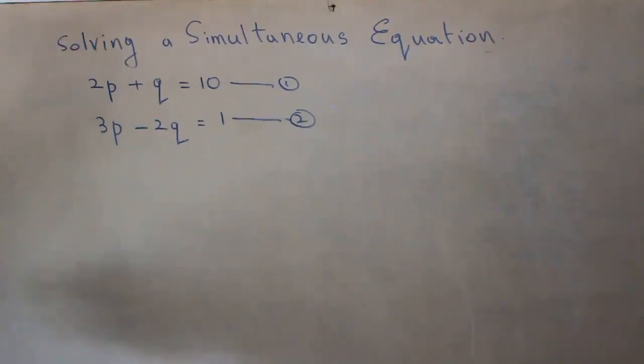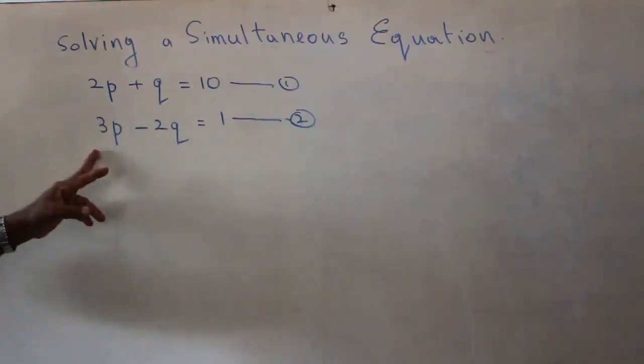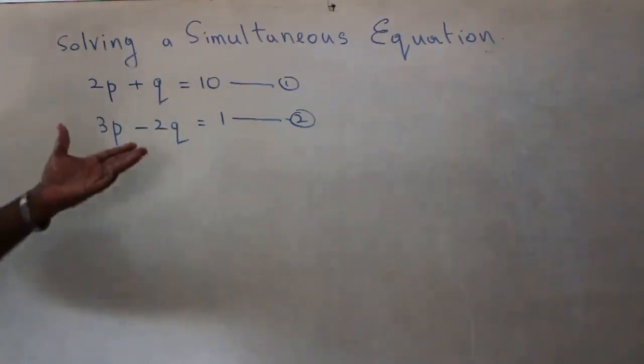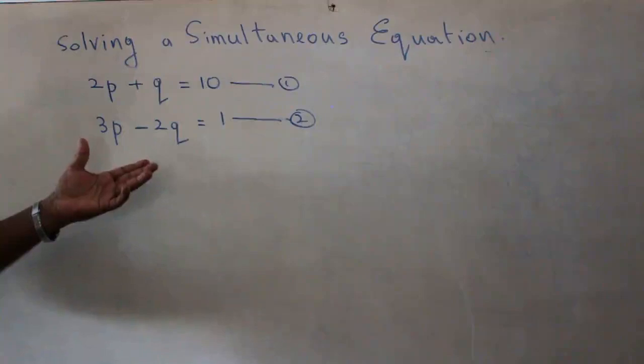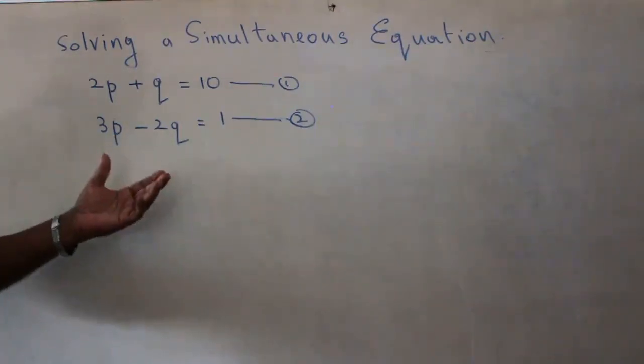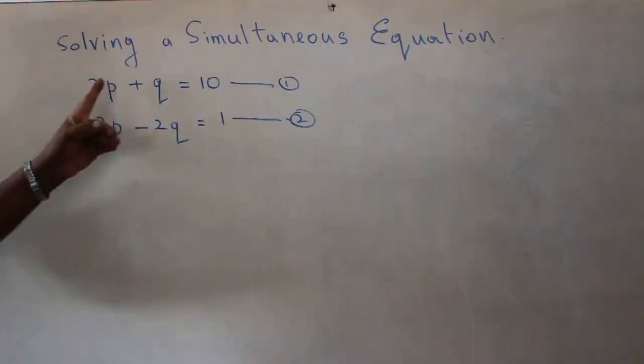We have a problem here because the coefficients of p are different, and the coefficient of q is also different. Therefore, in this form, we cannot eliminate p or q. Therefore, we will make the coefficients of p equal.